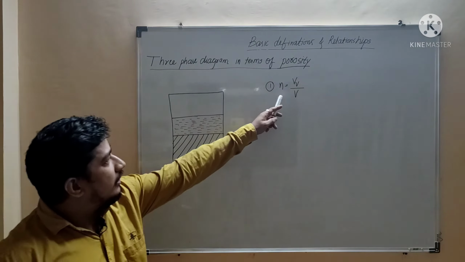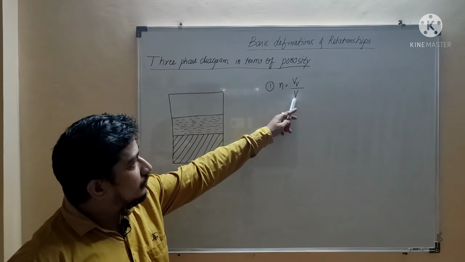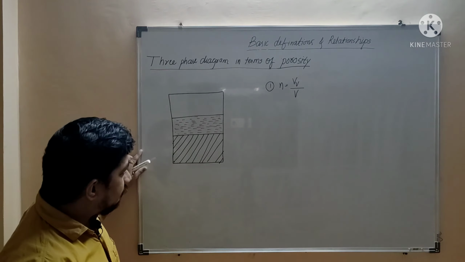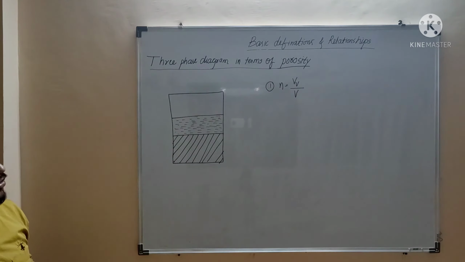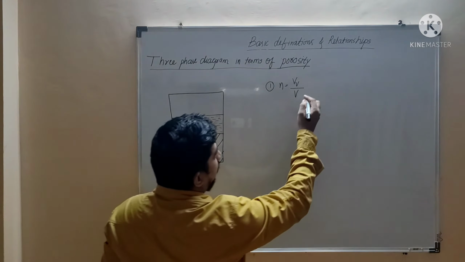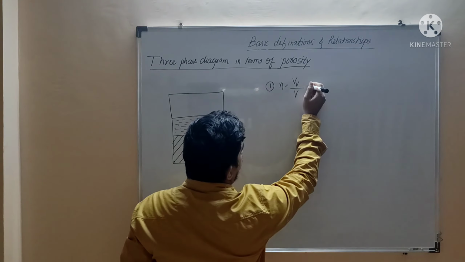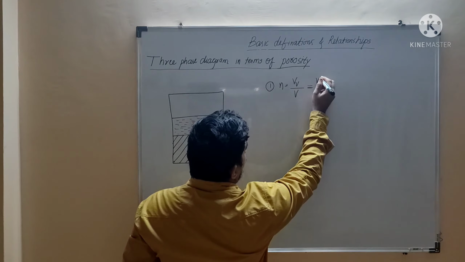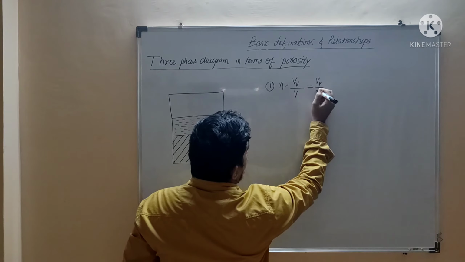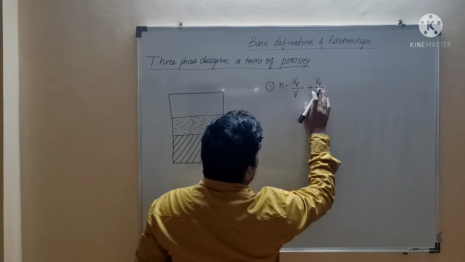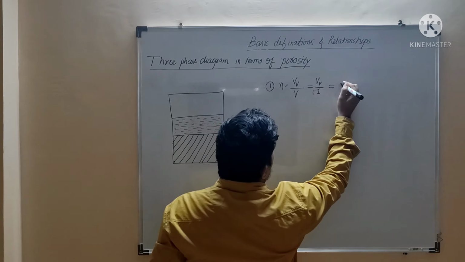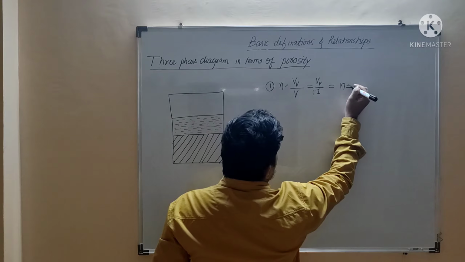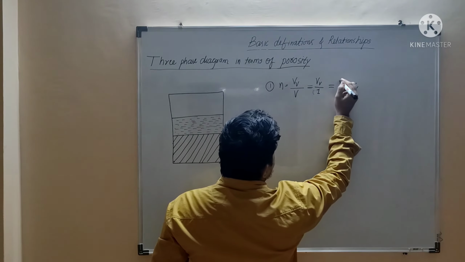As in the denominator this is total volume of a soil, we will assume that the total volume of a soil is unity. So it will become like this: n is equal to volume of voids divided by total volume, which is 1, that is nothing but unity. So we got n is equal to volume of void.